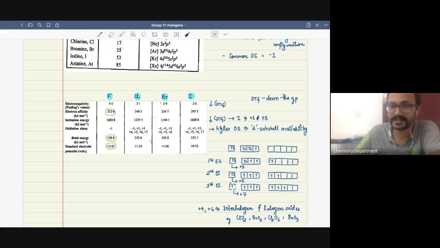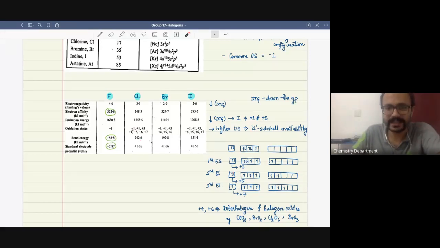Further, if you excite this unpaired electron as well, you can get an oxidation state of +7. So as you can see here, we can easily explain the higher oxidation states of +3, +5, and +7 through these excited states that these elements can achieve.